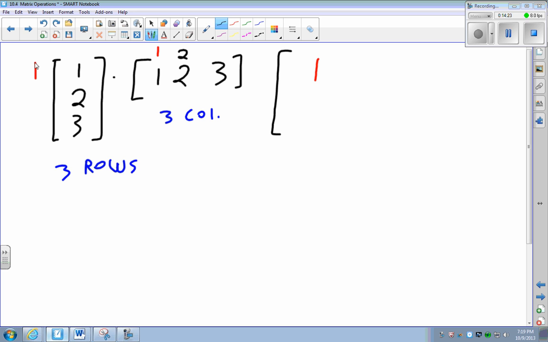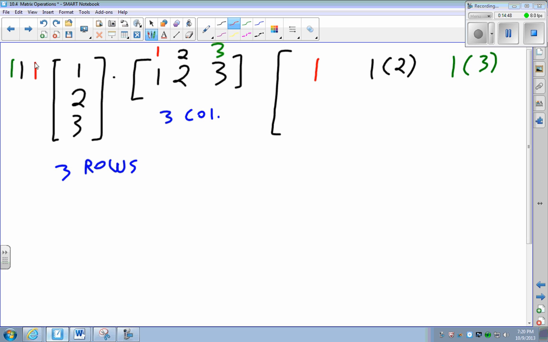So now it's going to be our first row times our second column, which is 1 times 2. Now we'll have to multiply our first row again, but now by the third column. And here we'll just get 1 times 3.